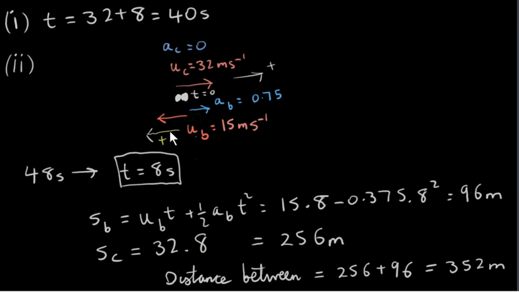So the bus is 96 meters away from the point where the vehicles met, and the car is 256 meters away from the point where both vehicles met. So the distance between the 2 points is 256 plus 96, which is 352 meters.